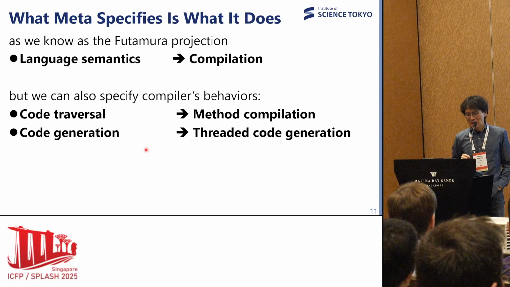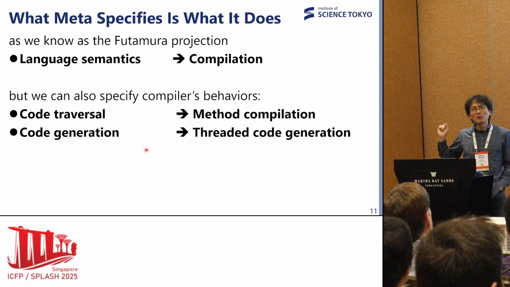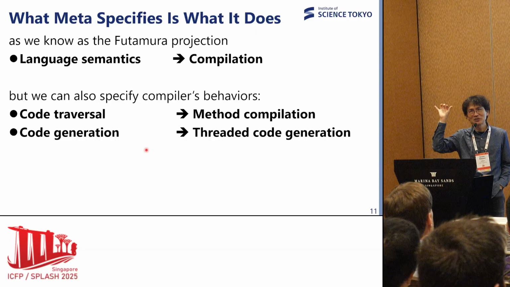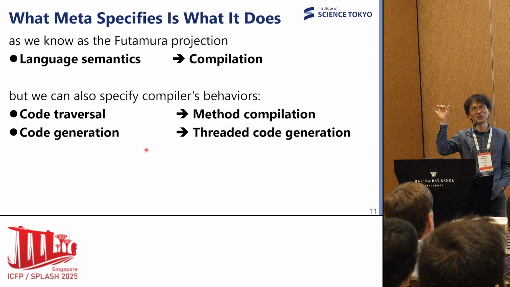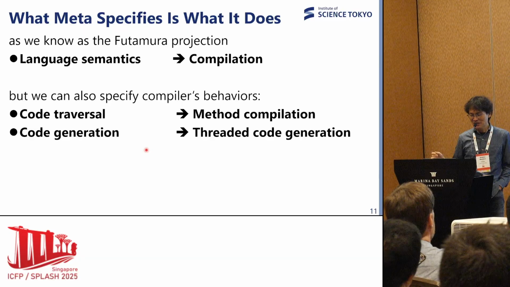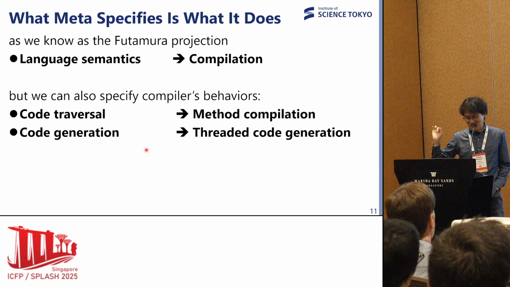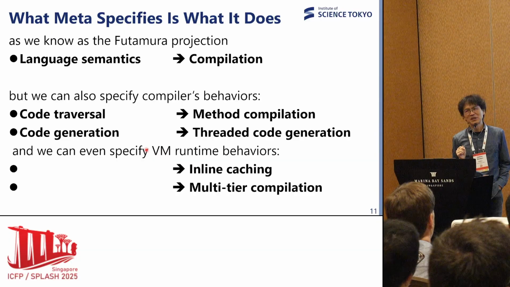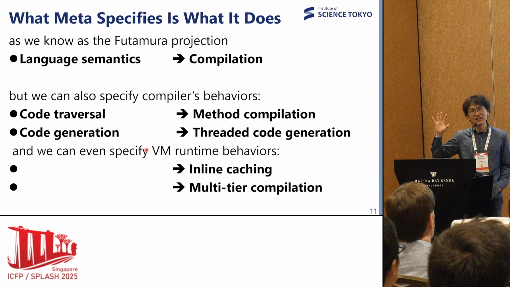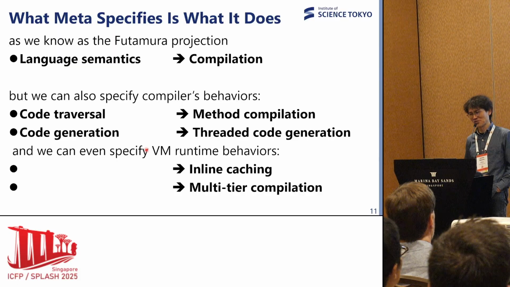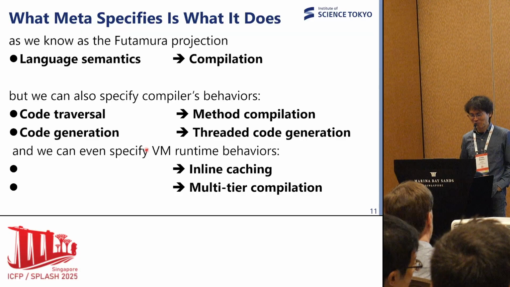But if we specify something different, like code traversal, not just the language semantics but something compilers do, then we will get some interesting behavior of virtual machines, like method compilation, threaded code generation, or even optimizations like inline caching and multi-tier compilations. I'm going to explain one by one.